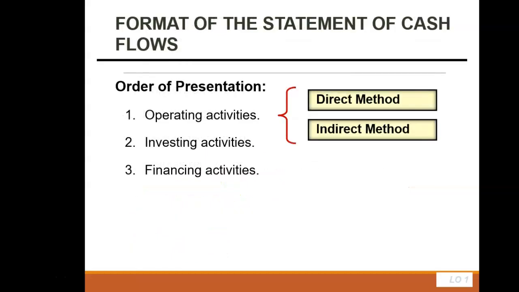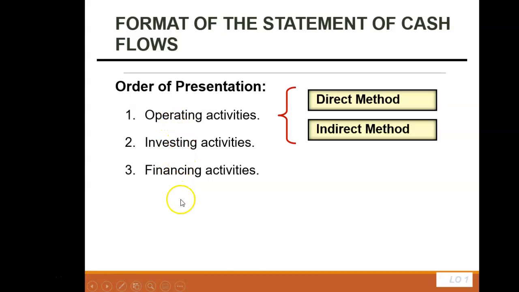Okay? Now, there are two methods used to prepare the statement of cash flow. One is known as the direct method. The other is called the indirect method. Under both approaches, you still have these three sections: operating, investing and financing activity.